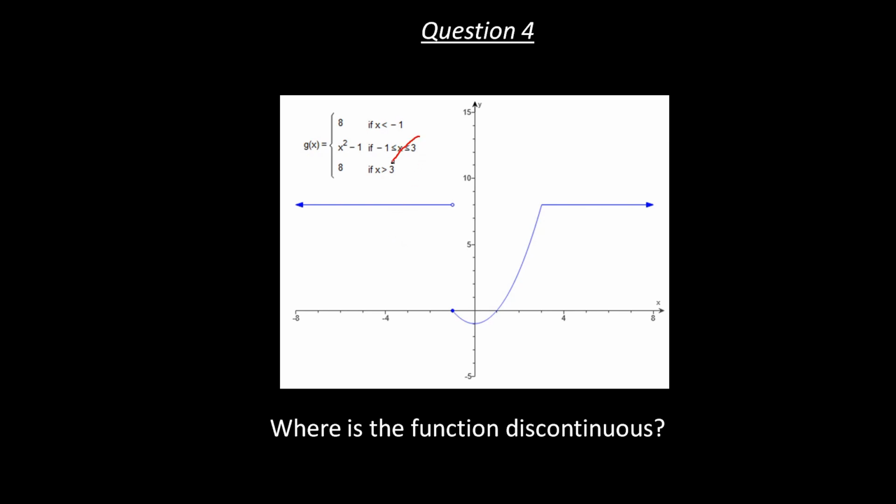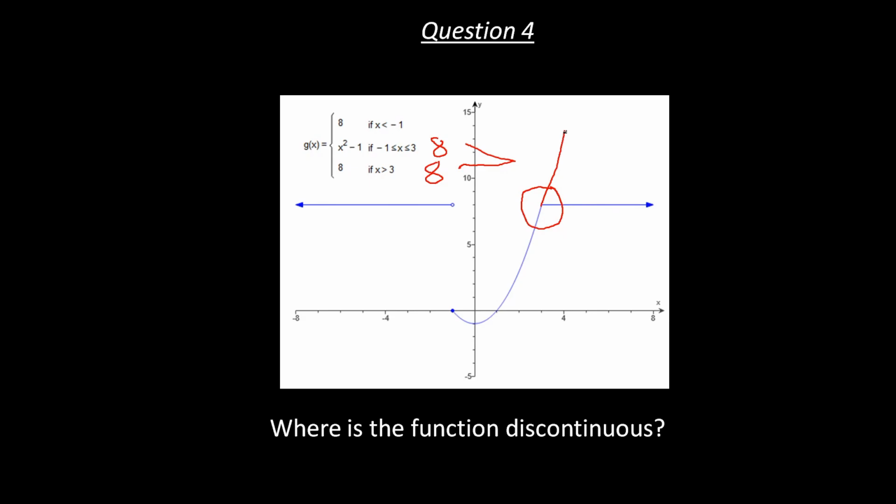Now, if we look at the other condition here between the second and third piece, which is at 3, if we plug 3 into here, we'll get 8. And as we get closer to 3 here, we'll also be at 8. These equal, which means these pieces touch. And you can see that right here. Right at 3, you can see this parabola.